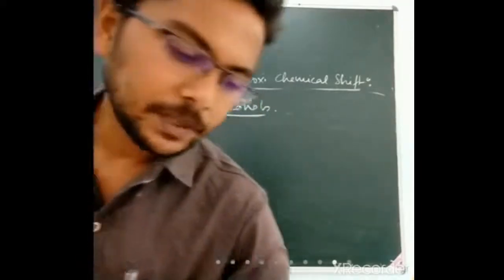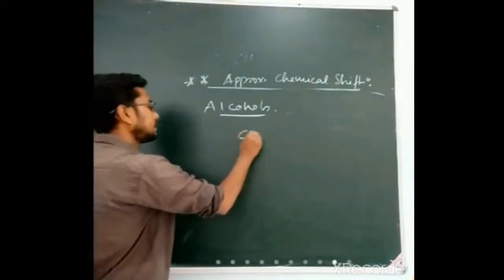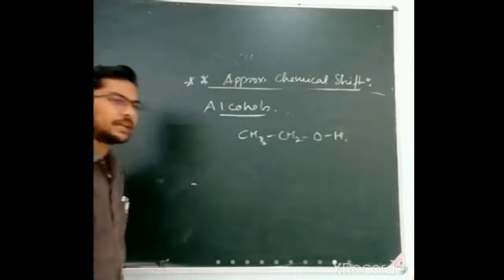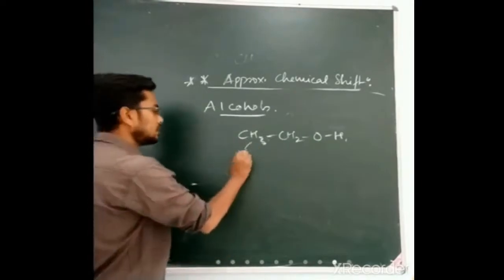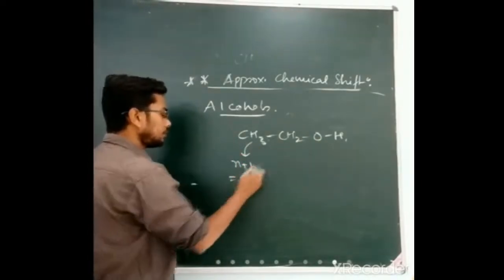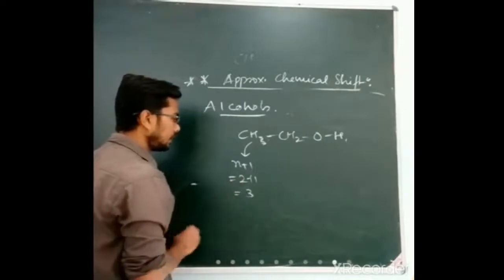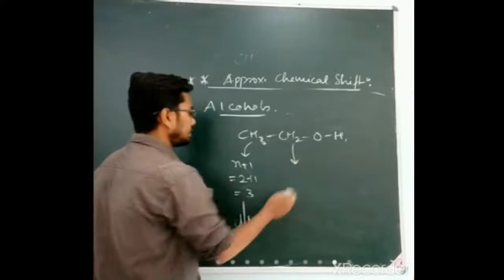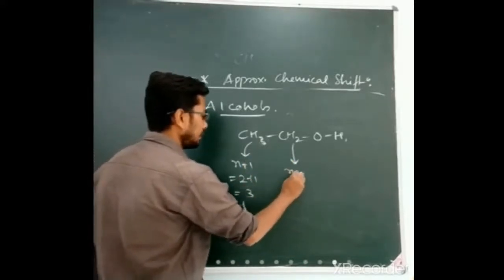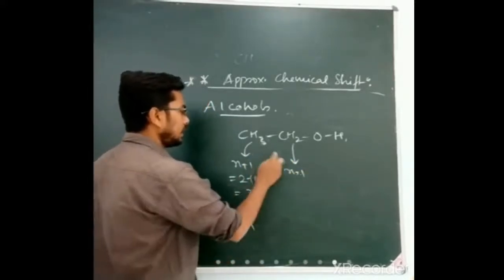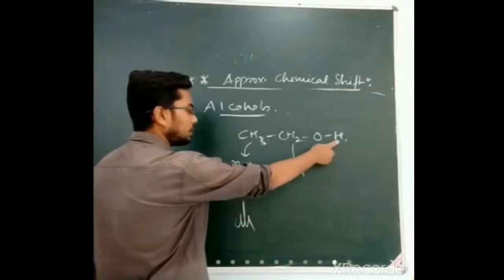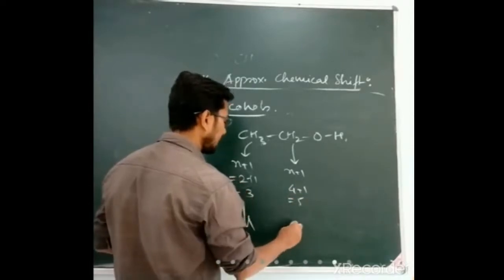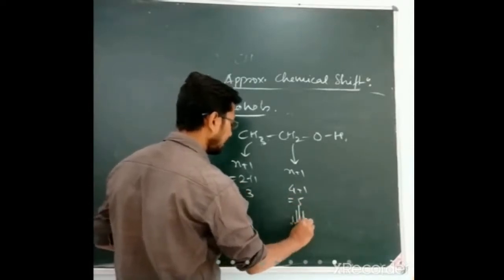So what should be the spectra of ethanol? You have CH3, CH2 and OH. What is the ideal spectra? The ideal spectra follows the N plus 1 rule. For the CH3, 2 plus 1 equals 3, so it should come as a triplet. For the CH2, with 3 plus 1, 4, and the OH hydrogen adjacent, 4 plus 1 equals 5, it should come as a multiplet.